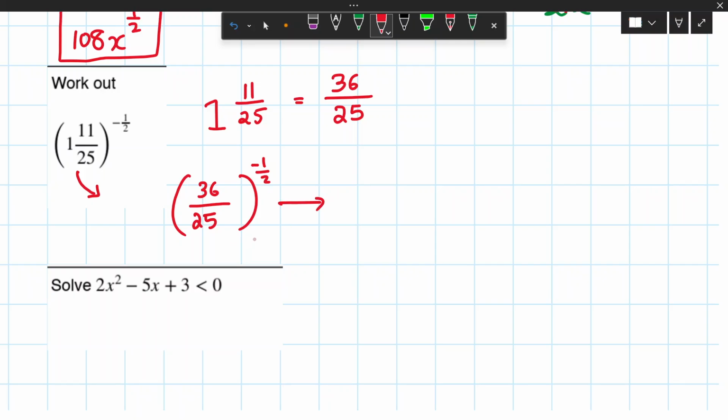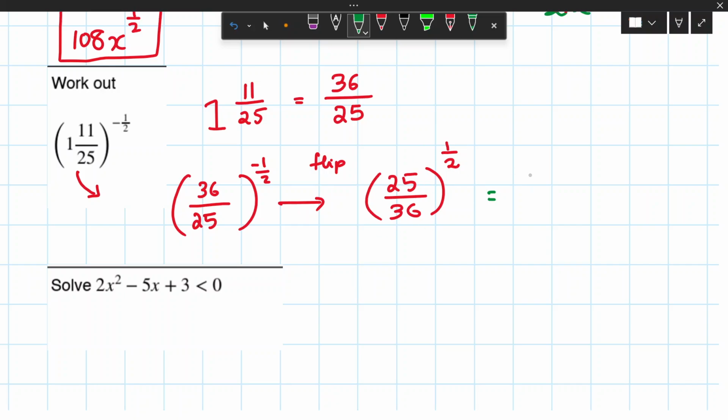When you see a negative power, always remember, negative powers mean you flip the fraction. So 36 over 25 becomes 25 over 36. And then the negative power turns into a positive power. So this becomes a half. Now, a half simply means we're doing a square root.